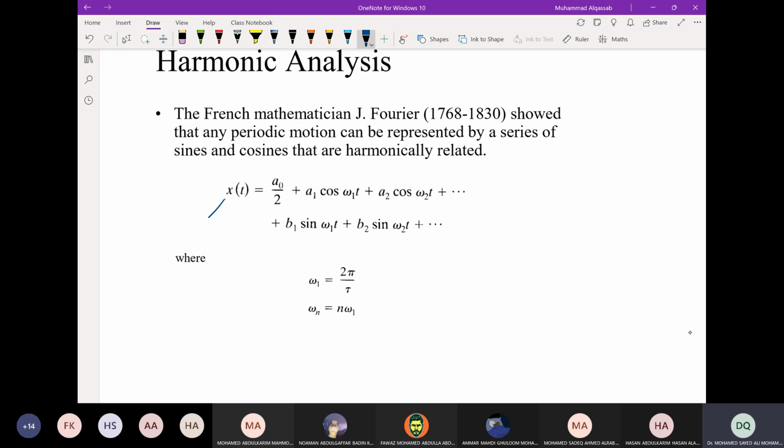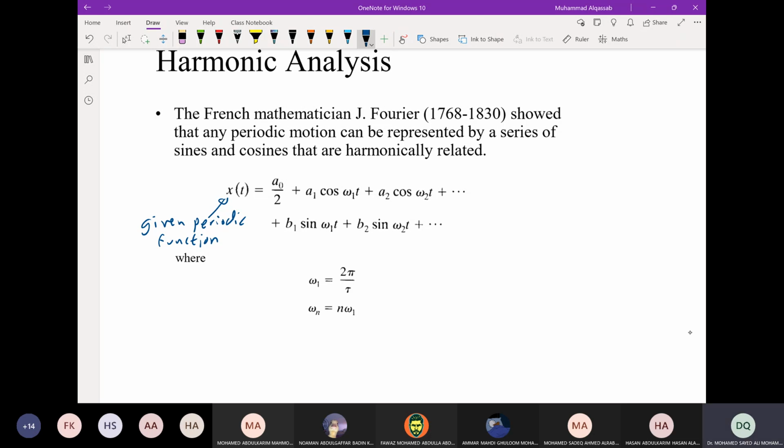This is the given periodic motion, let's say a function in general, equal to a0 over 2 plus a1 cosine omega 1 t plus a2 cosine omega 2 t, and it continues to infinity, plus b1 sine omega 1 t plus b2 sine omega 2 t plus b3 sine omega 3 t, and continues to infinity.